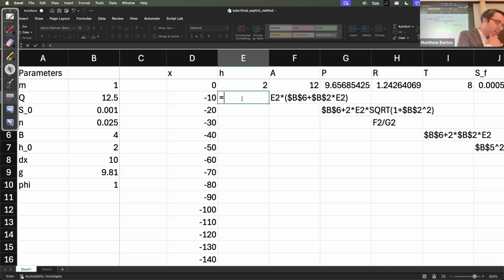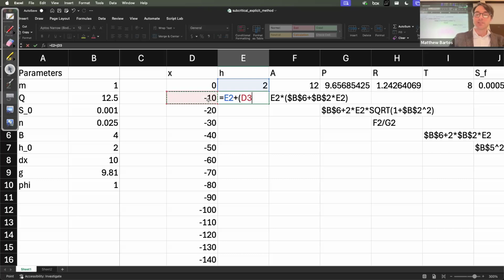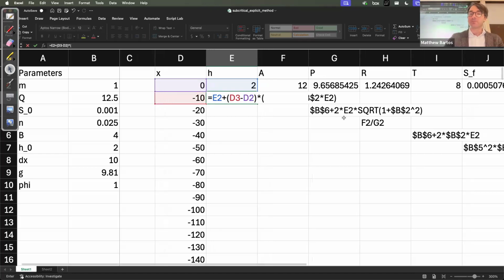All right, so here we need the depth at the previous step. So that's going to be cell E2 plus our spatial step, which is D3 minus D2. And then we're going to multiply by bottom slope minus the friction slope.